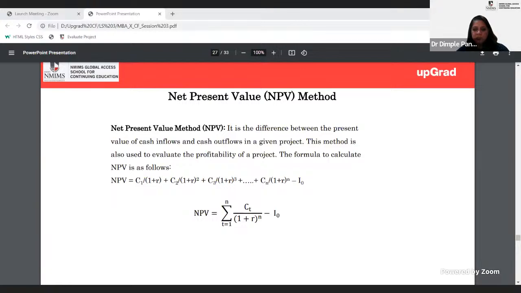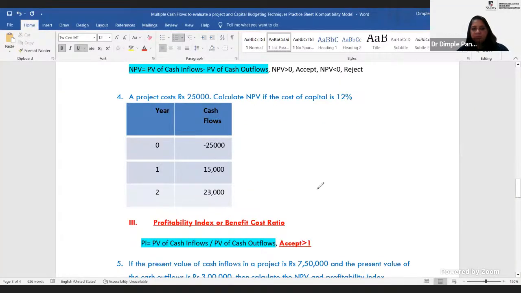Tell me this one. This is negative. What does this negative mean? Outflow.